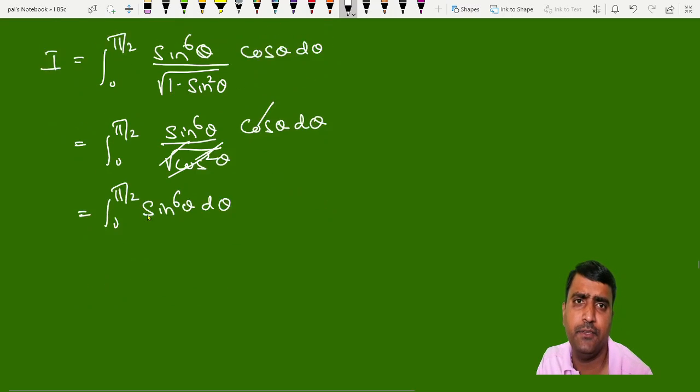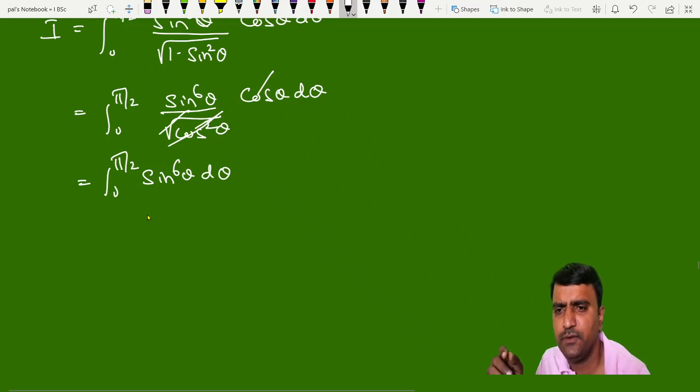Again use the reduction formula for integration of sin to the power of n x.